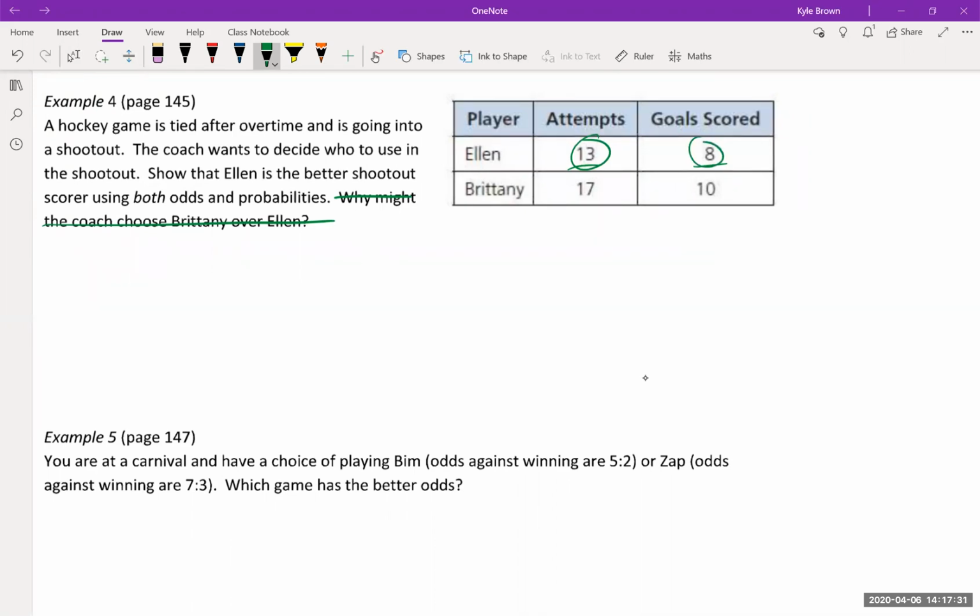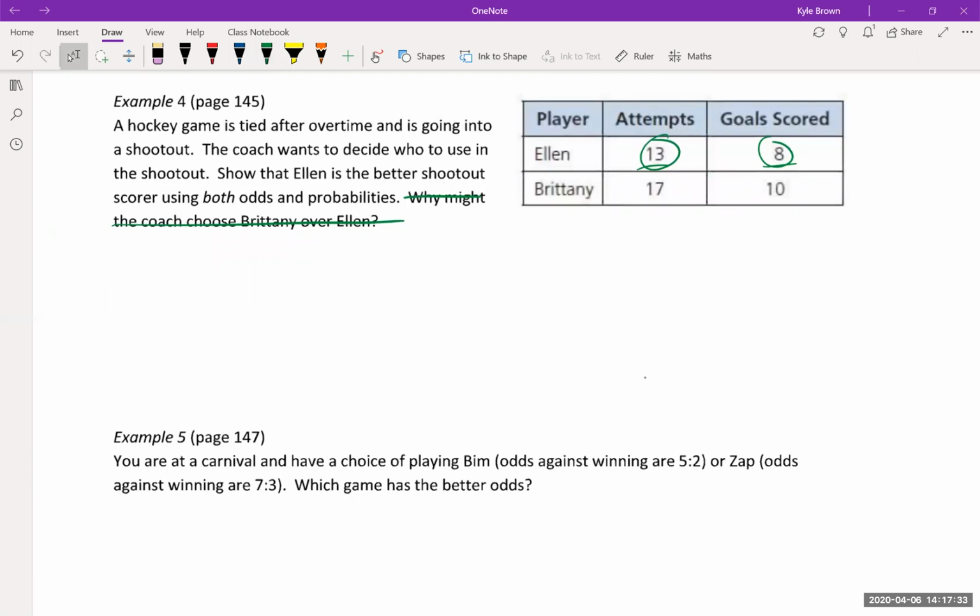So Ellen had 8 goals over 13 attempts. Her probability would have been 8 over 13. Her odds would have been 8 to what? Yeah, 8 to 5, right? So 8 to 5 for odds, 8 over 13 for probability.